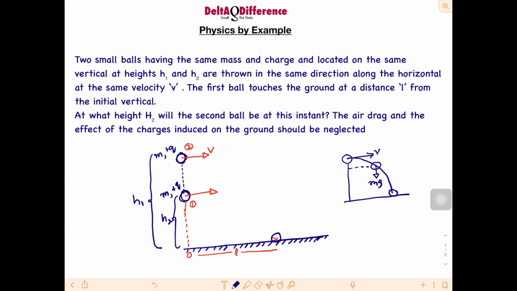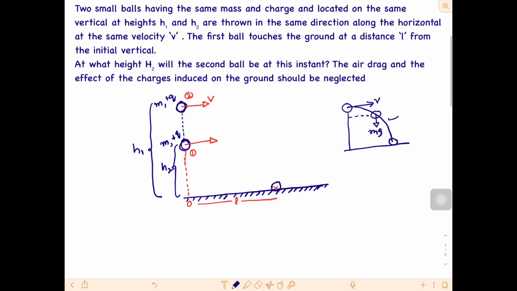The reason is that apart from the mg of each ball, there is an electrostatic repulsion between the two balls. So apart from mg, there is a kq^2 by r^2 that comes from Coulomb's law. So that force is also there on each ball. So just predicting the motion of the ball like this is not going to be easy.